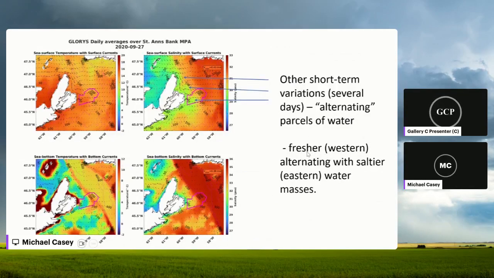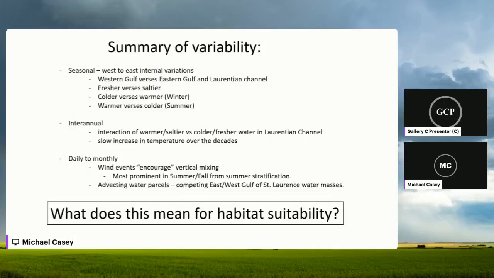But it's basically the fresher Western alternating with saltier Eastern water masses. And you can see it particularly in the salinity versus the temperature, where you can see it there as well. So that's a summary of variability, but let's move on. I won't go through all that in all the details, but what does this mean for habitat suitability?